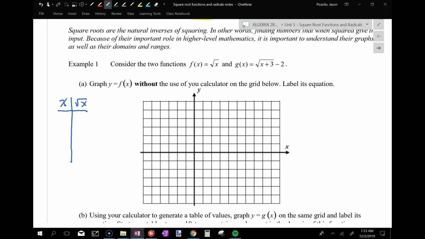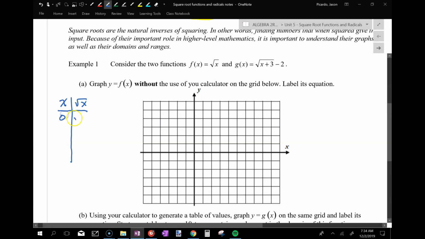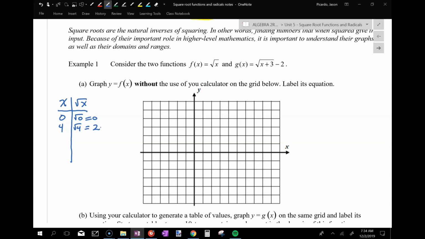Give me a value you want to plug in. All right, so I heard 0. What's the square root of 0? 0, right? Okay. Give me another number you want to plug in. 4. What's the square root of 4? 2. Give me another number you want to plug in. 11?